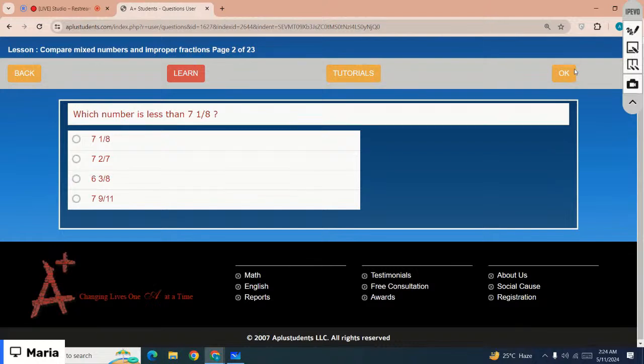Okay, which number is less than 7 whole 1 over 8? So you have to find the one that is less than 7 whole 1 over 8. So which number is less?